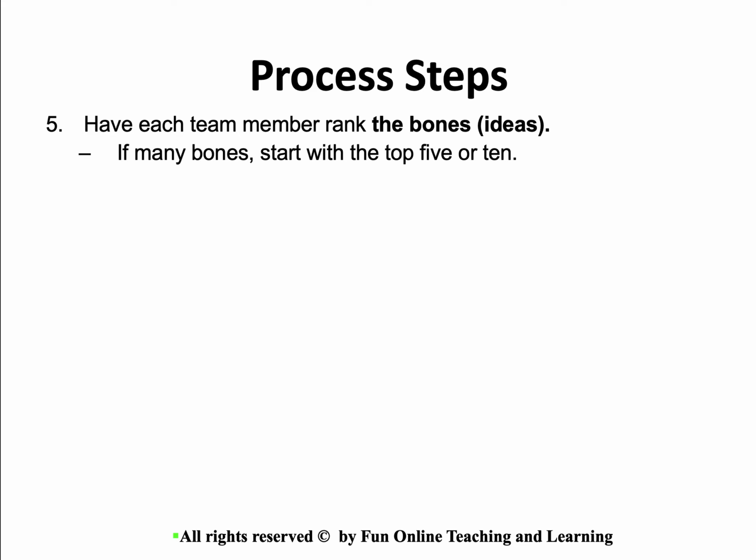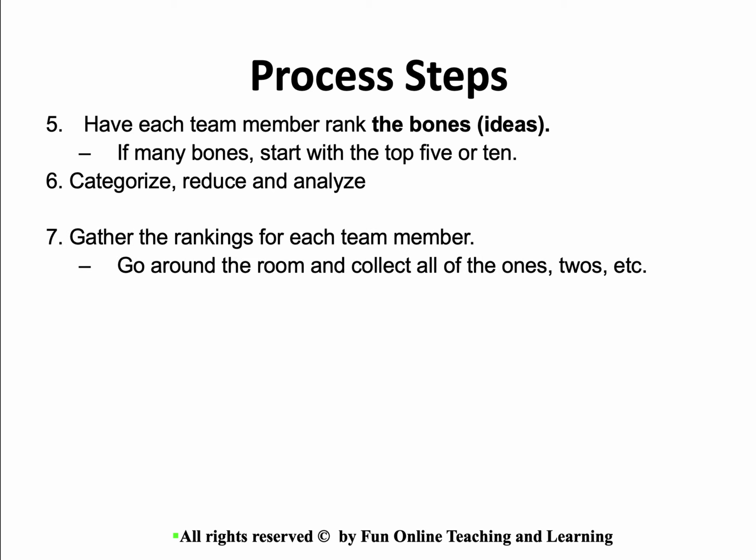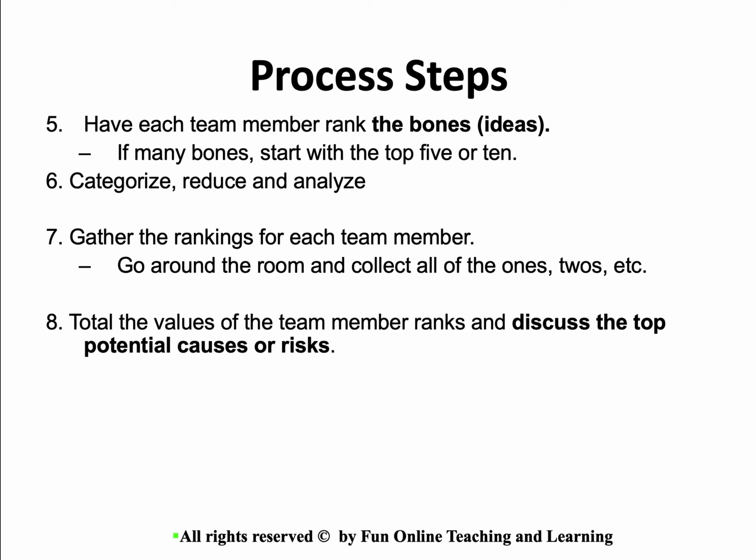Start with top 5 or 10, and then categorize, reduce, and analyze them, and gather the rankings from each member. Go around the room and collect them one by one, 1, 2, 3, and then you want to rank the bones, right? And now you can prioritize top 3, top 5, and then you can start talking about the potential causes or risks or the solutions of the problem and all of that.